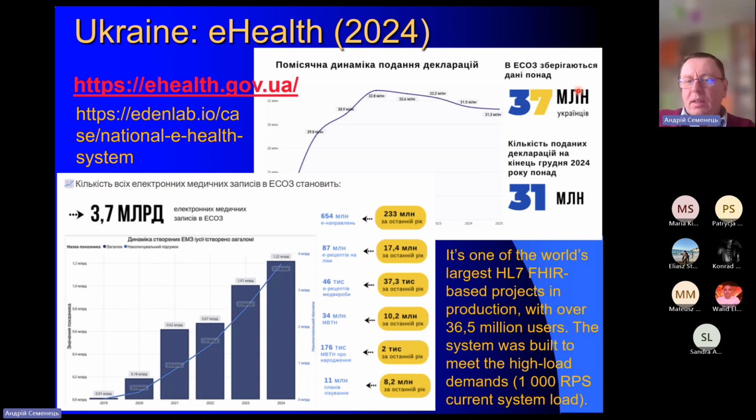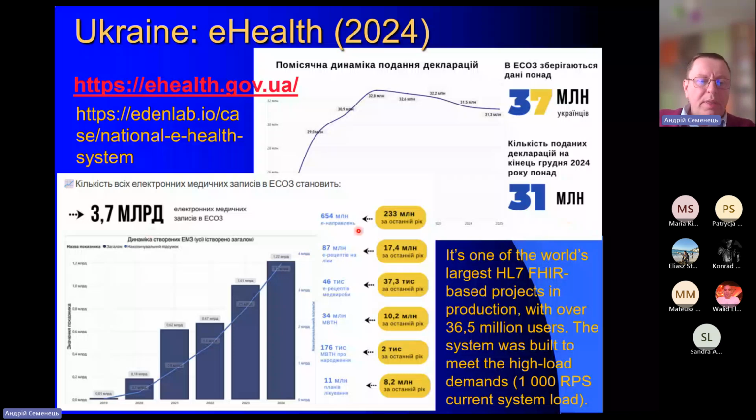I don't know how many Ukrainians remain in Ukraine right now, maybe 30 million, maybe even less, because Ukraine suffers a mass exodus because of the war. Anyway, we still have about 31 million declarations of agreements with family doctors, so more or less we can talk about that number of Ukrainians still communicating with their family doctors, even if some of them are outside of Ukraine, abroad.